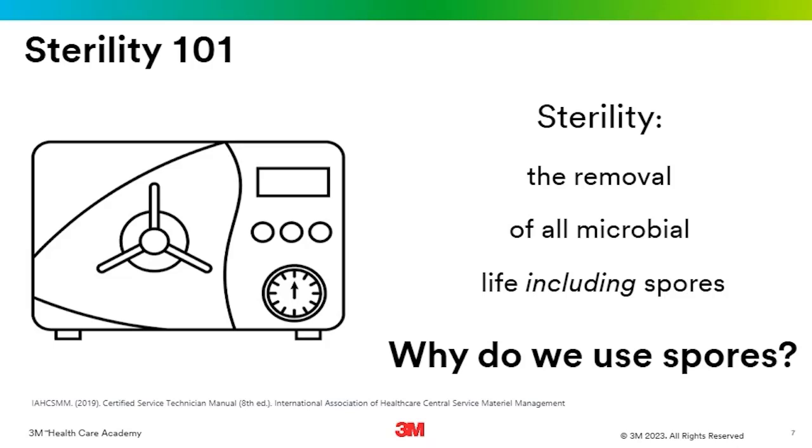But now taking it back to our sterile processing class, what is sterility? To simply put it, sterility is the removal of all microbial life, including spores. Now, when we learn about what cleaning is, physical and mechanical, what we learn about decontamination and high-level disinfection, it's all about preparing the instrument for its next phase of use or disinfection or cleaning, right?